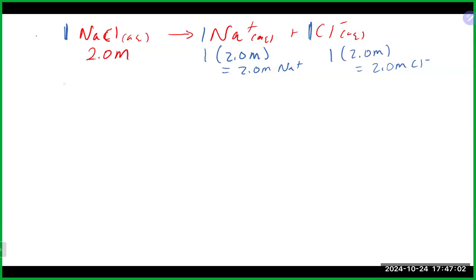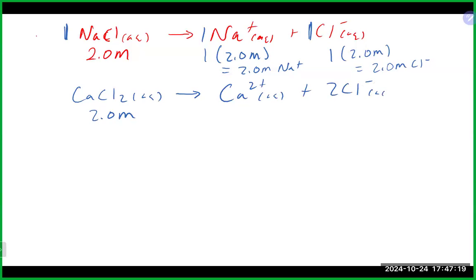Now, if I have the same sort of 2 molar solution of calcium chloride, when calcium chloride breaks apart, we will get a calcium ion floating around, and we will actually get a couple of the chloride ions that will float around, as that's what the 2 on the bottom basically means. So when we look at the concentration of the calcium ions, it is a 1-to-1 relationship, which means it is 2 molar times 1, which is still 2 molar for our calcium ions.